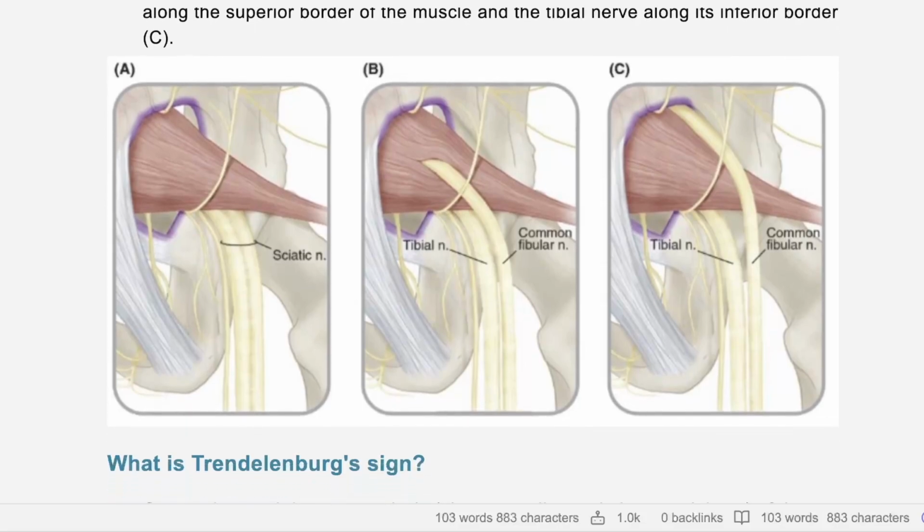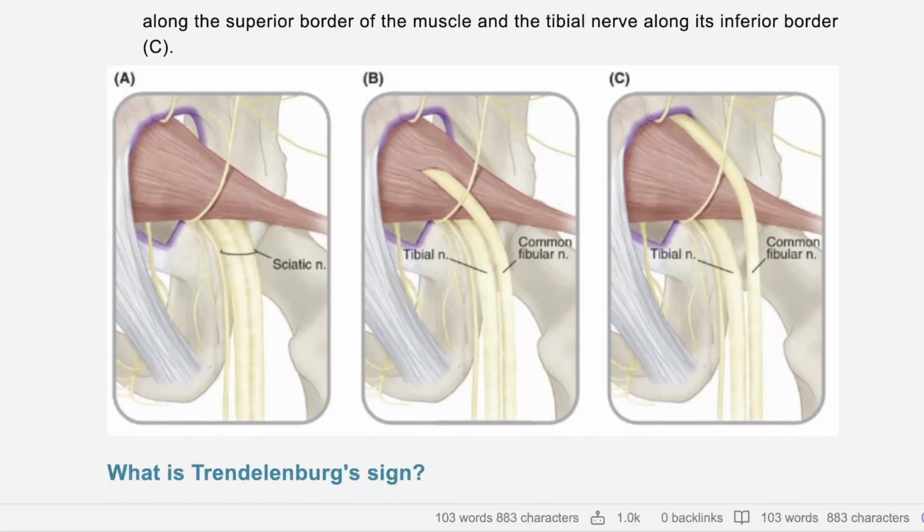What is Trendelenburg sign? It's one of the signs that happens due to paralysis of the superior gluteal nerve, which supplies the gluteus medius and minimus muscles, which are the abductors of the hip joint. A positive sign is when the patient stands on the affected side and the pelvis will start to fall down, of course, on the unaffected side.